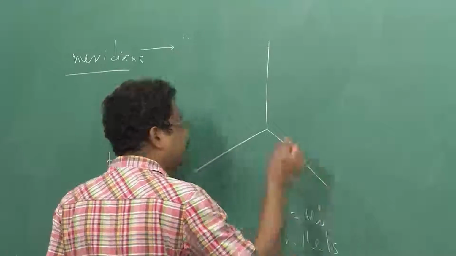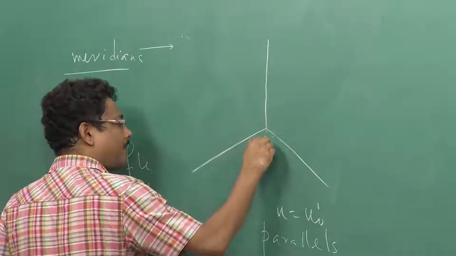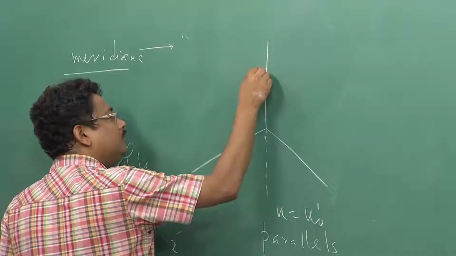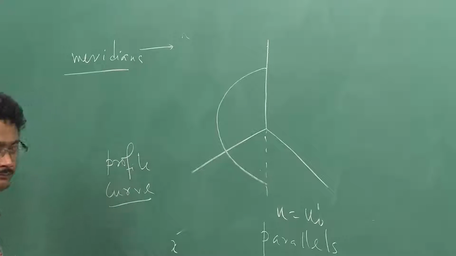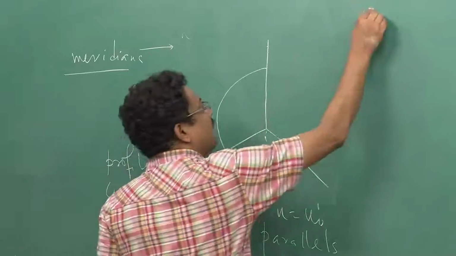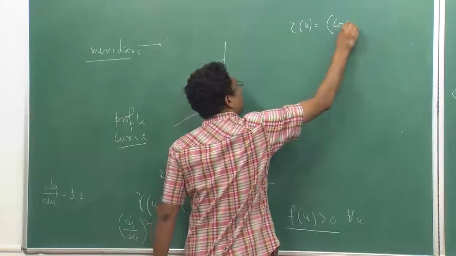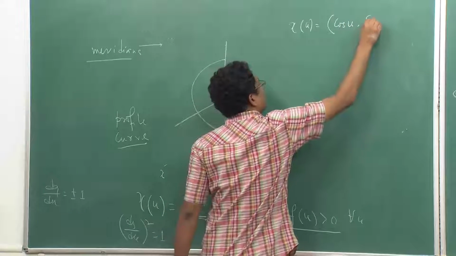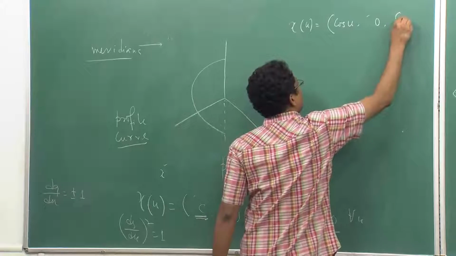For the sphere I should take this to be the curve, gamma(u) I should take cos u, 0, sin u.